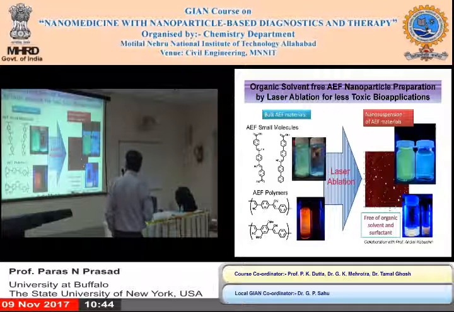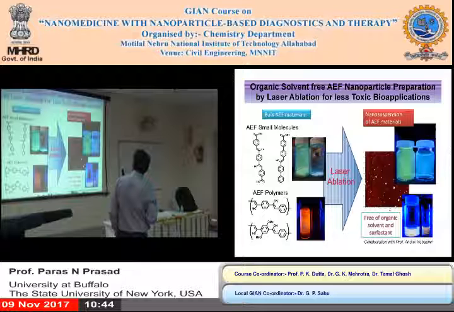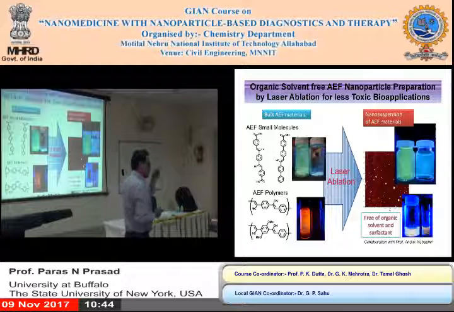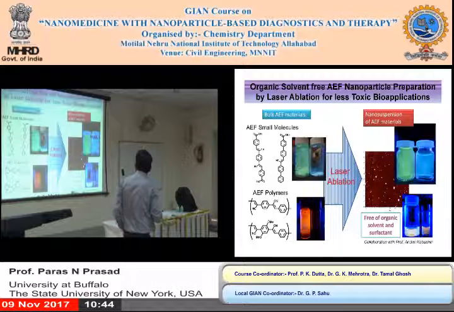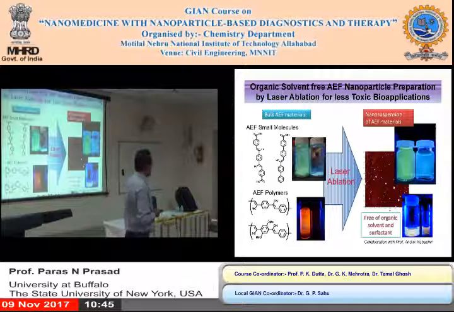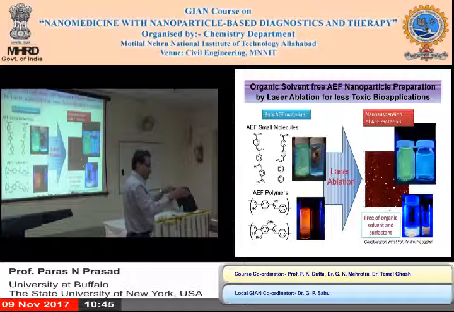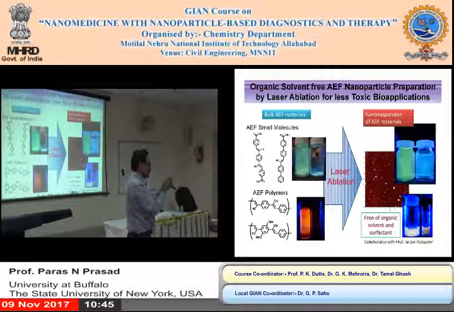But if they are polymers, you can also focus laser beams very tightly, with a short pulse, and ablate it, fragment the polymer to come out in a solvent, and you can make nano suspensions of these materials. So this is called the laser ablation technique to make nanoparticles. You use a solid target, focus the short pulse, and it ablates.